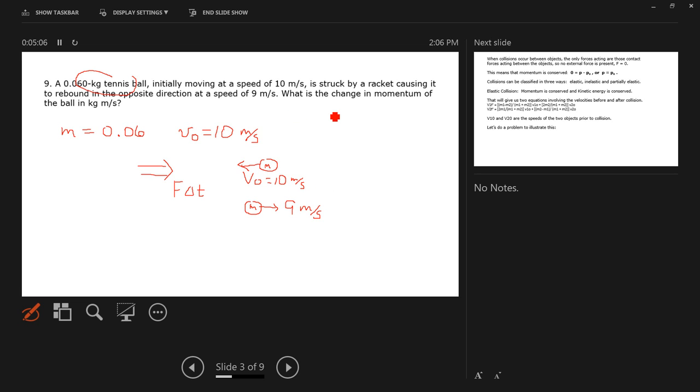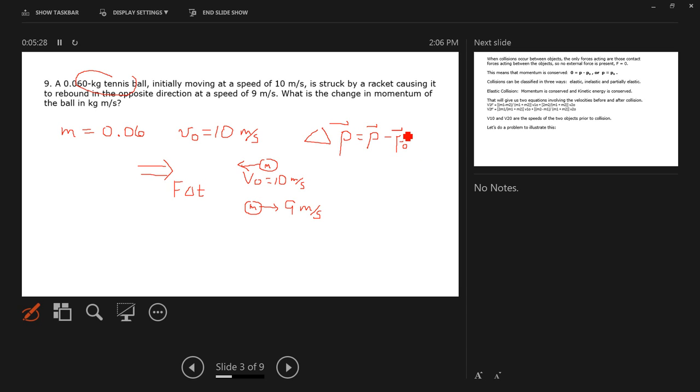What is the change in momentum? So delta P. What is delta P? Delta P is defined as your final minus your original. We want to be a little careful here. These are vector quantities.